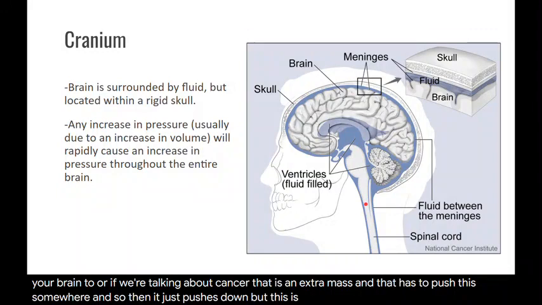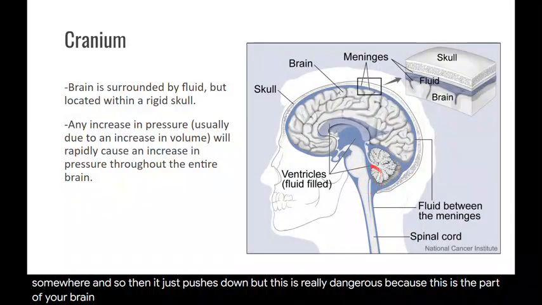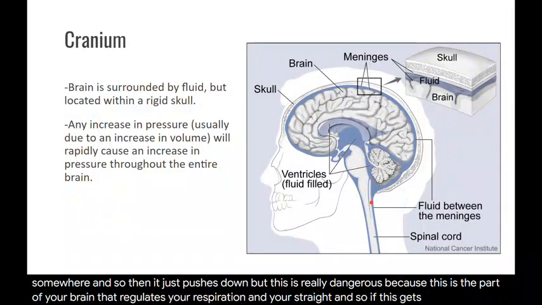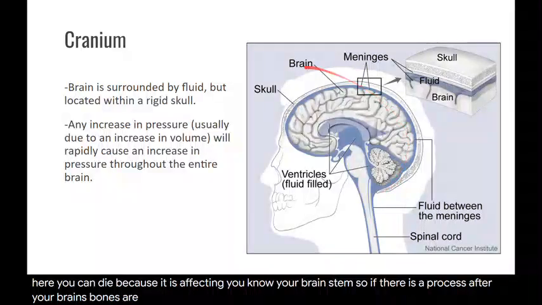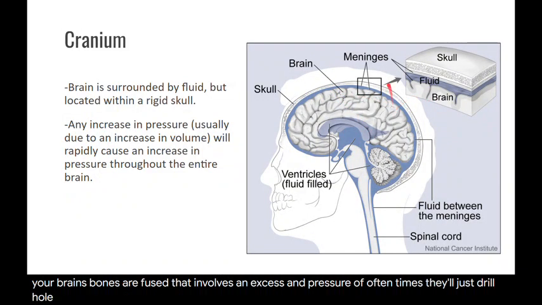But this is really dangerous because this is the part of your brain that regulates your respiration and your heart rate. And so if this gets squished right here, you can die because it is affecting your brainstem. If there is a process after your skull bones are fused that involves an excess in pressure, oftentimes they'll drill holes in the skull to alleviate some of that pressure.